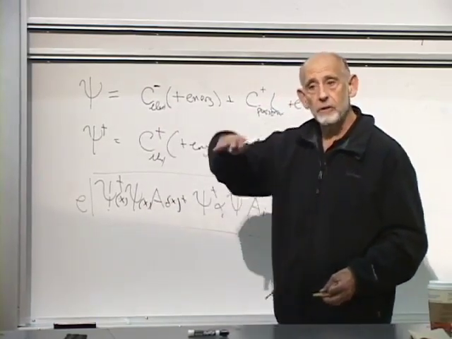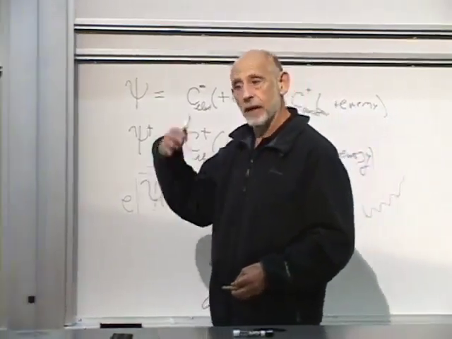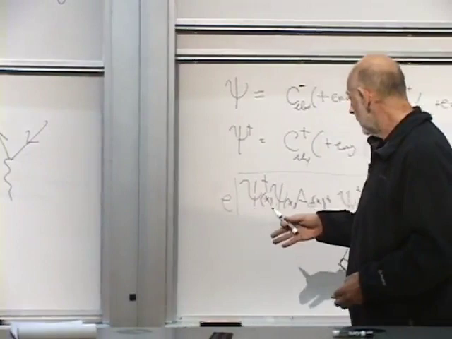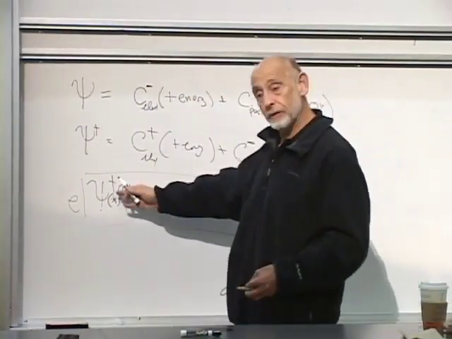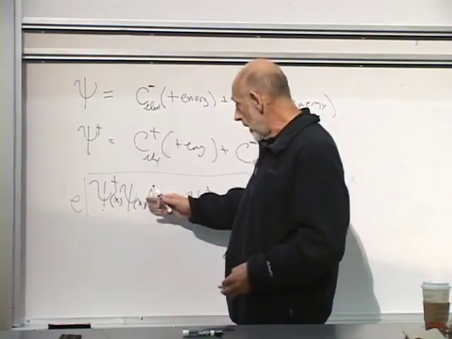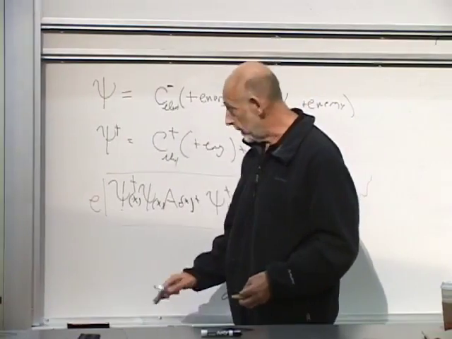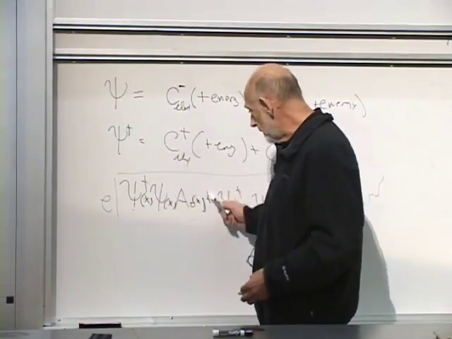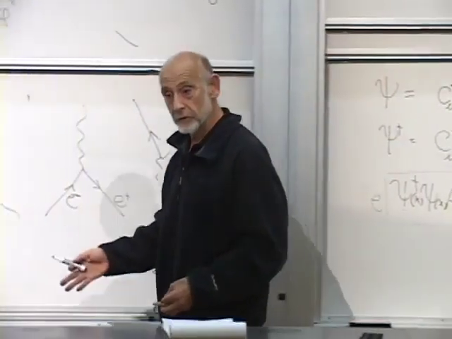In either case, it increases the charge by 1 unit. When it annihilates an electron, that increases the charge by 1 unit. When it creates a positron, it increases the charge by 1 unit. Psi dagger does the opposite. So psi increases the charge by 1 unit, psi dagger decreases the charge by 1 unit. And so whatever processes this term governs, it conserves electric charge.